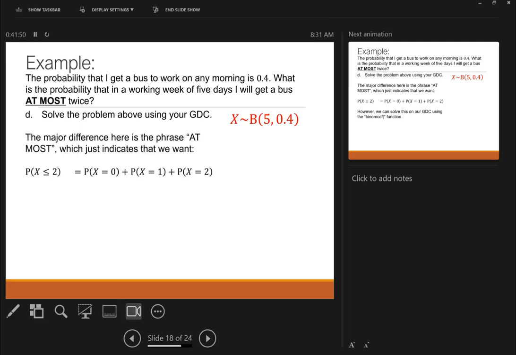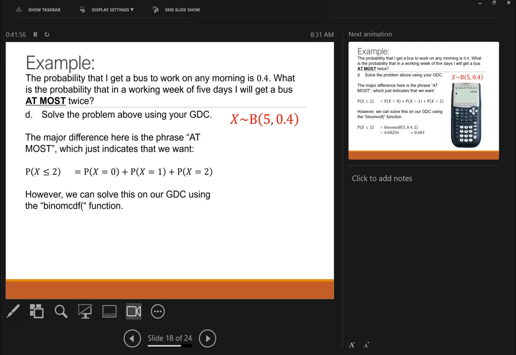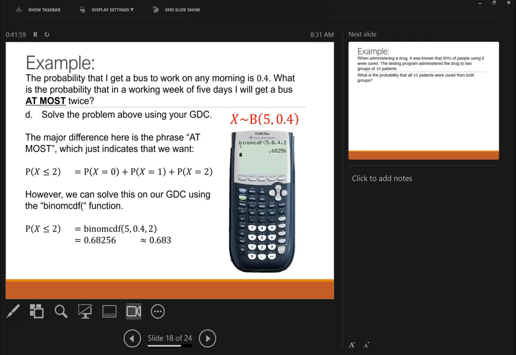So because it's less than or equal to, we need to use the CDF. So when you do CDF 5, 0.4, 2, you should get 0.68 and change.